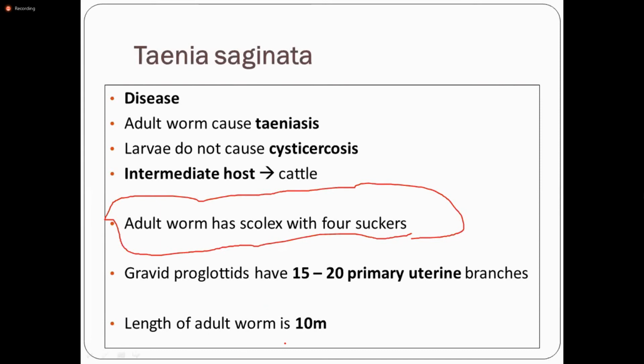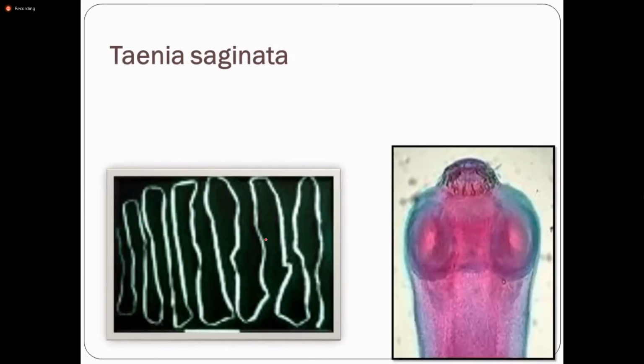Length of the worm, it can reach up to 10 meters. I've shown you the picture at the start of this section of cestodes. So Taenia saginata, see, it can reach up to 10 meters.